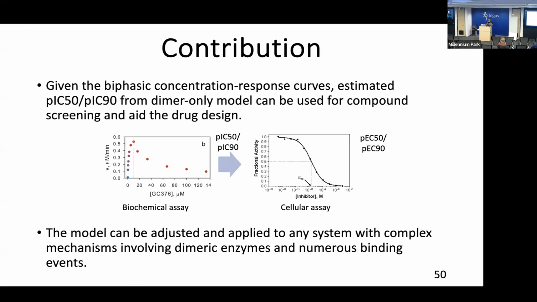So this means that the consortium can use this data analysis of the biphasic curves in early stages of drug design before advancing a subset to the cellular assays in later stages.